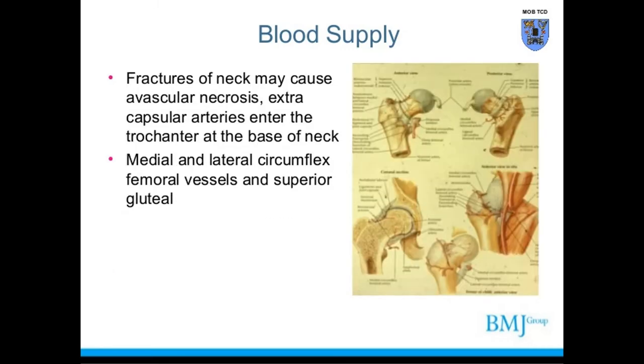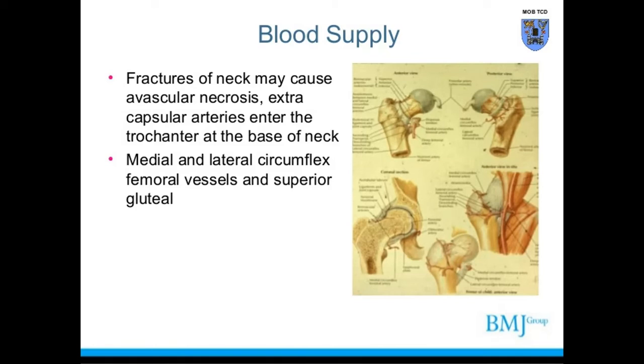And if there is fracture of neck of femur, the reticular vessels passing to the head of femur can be damaged, causing avascular necrosis of the head of femur. Extracapsular arteries enter the trunk at the base of the neck.